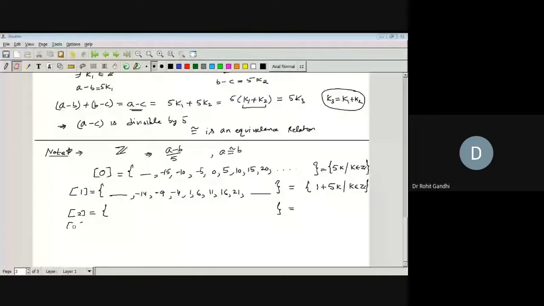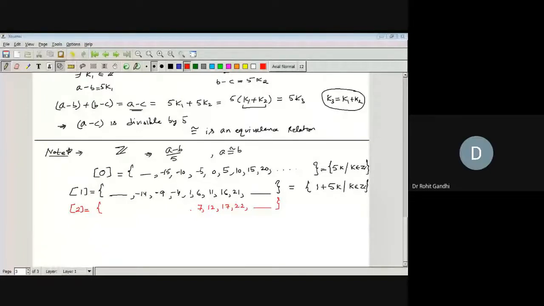Can you say which elements will come in it? Sir, 7, 12, 17, 22, and so on.